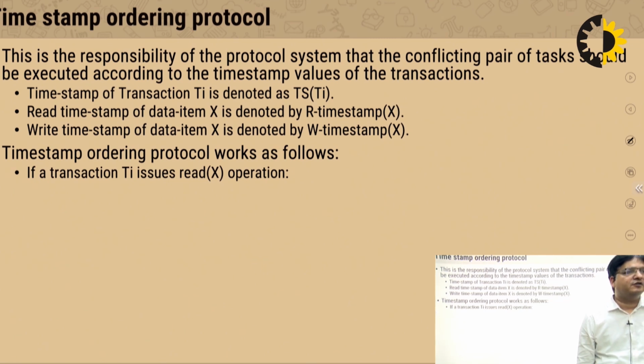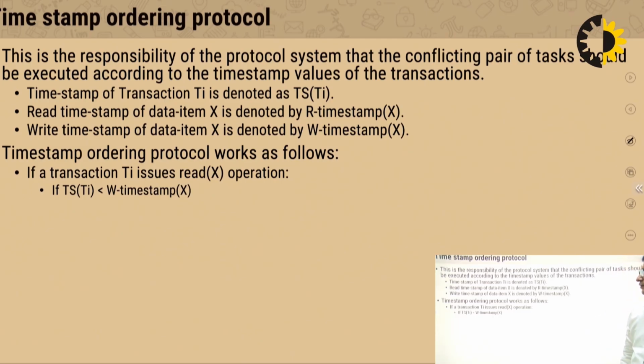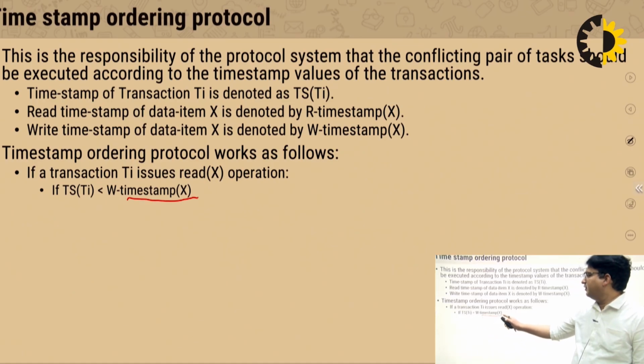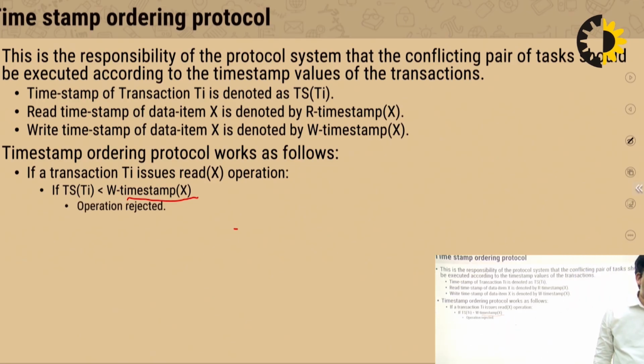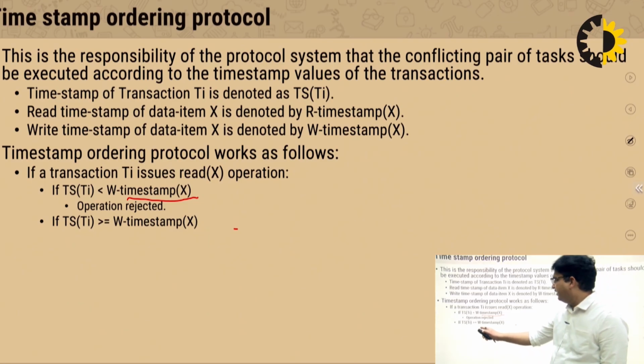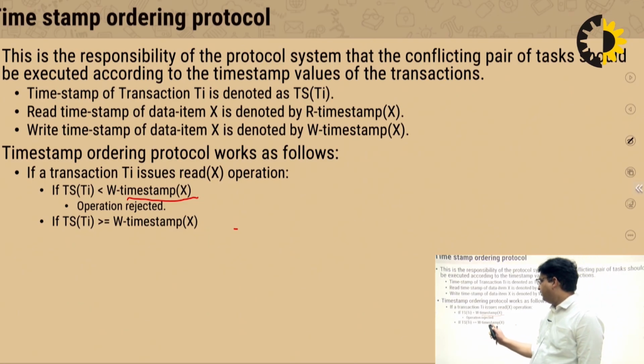Suppose transaction Ti wants to perform a read operation, and TS(Ti) is less than the write timestamp of X. It means a younger transaction has already written the value of X, and Ti was too late in performing the read operation. So Ti will not be given permission to read X. The second situation is if TS(Ti) is greater than or equal to the write timestamp.